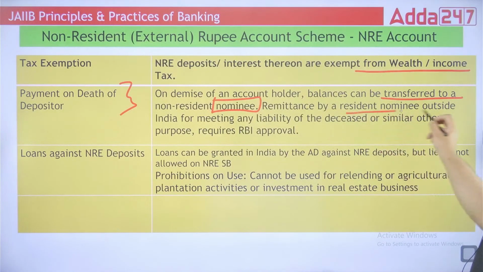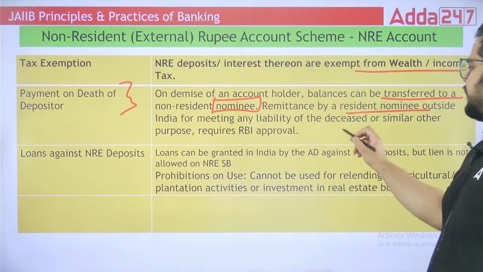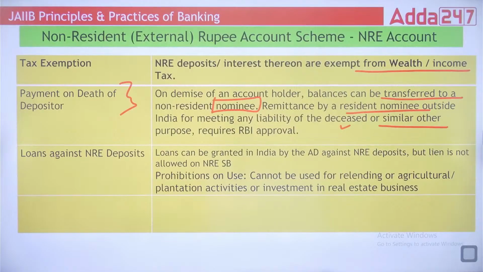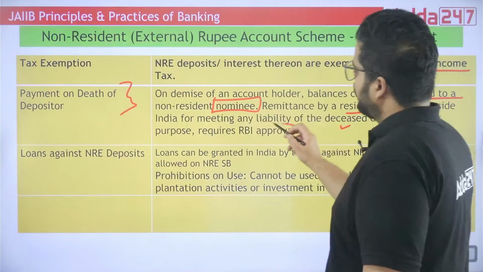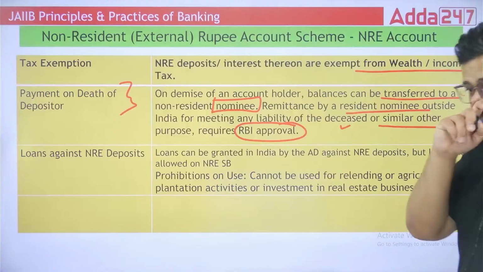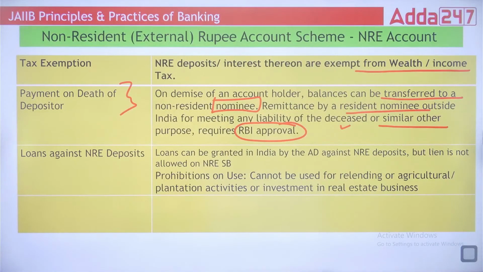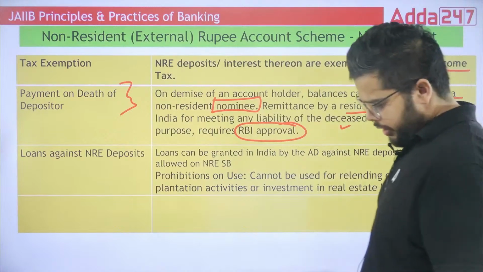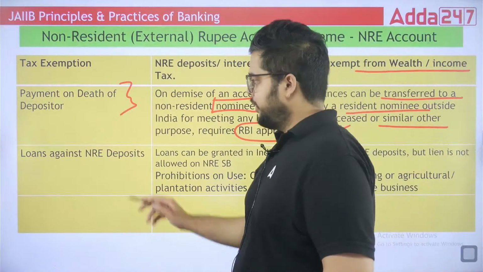Remittance by a resident nominee outside India for meeting any liability of the deceased or similar purpose requires RBI approval. You cannot just assume that you are permitted to do that. You must have the approval by the regulator.